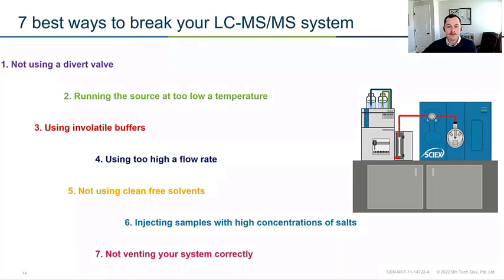The HPLCs were pretty much running all the time, just doing UV analysis. And we had a new undergraduate that we had hired in, and they had just started, and it was a Friday night, and they didn't really want to make new mobile phase for the LCMS. We've all been there. And they were so new that they didn't realize that the mobile phase from the HPLC UV system was not the same as the mobile phase from the LCMS system.